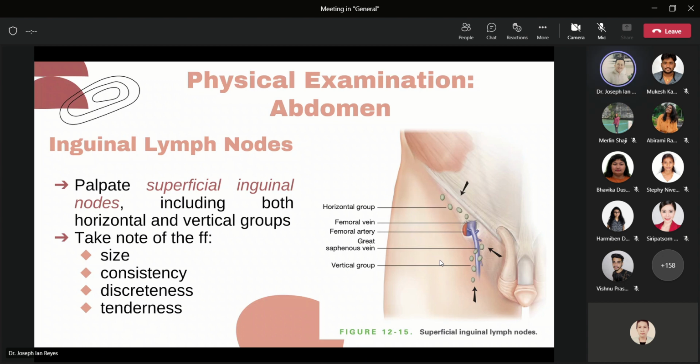So ask the patient properly, ask if they will allow you to palpate that area, and tell them that you'll be palpating deep, or exerting pressure on that area, because they might be surprised why you are poking on that area in their inguinal.